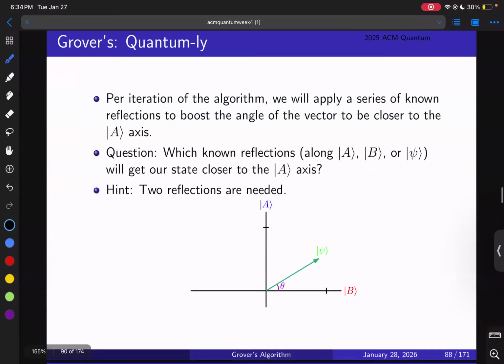So, let's say we have this vector psi from before, and we want to do some reflections to get our state closer to this A axis. We can only reflect along known axes, which are A, B, and psi in this case. Here's the hint that 2 reflections are needed. So what 2 reflections should we apply to boost the amplitude of this state?